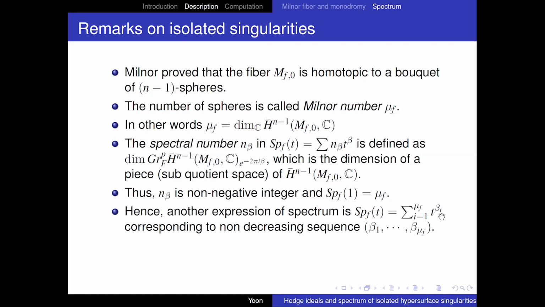So here β_i is a number attached to each homology cycle, which means each sphere in the bouquet of spheres. This expression coincides actually with the non-decreasing sequence of rational numbers β.